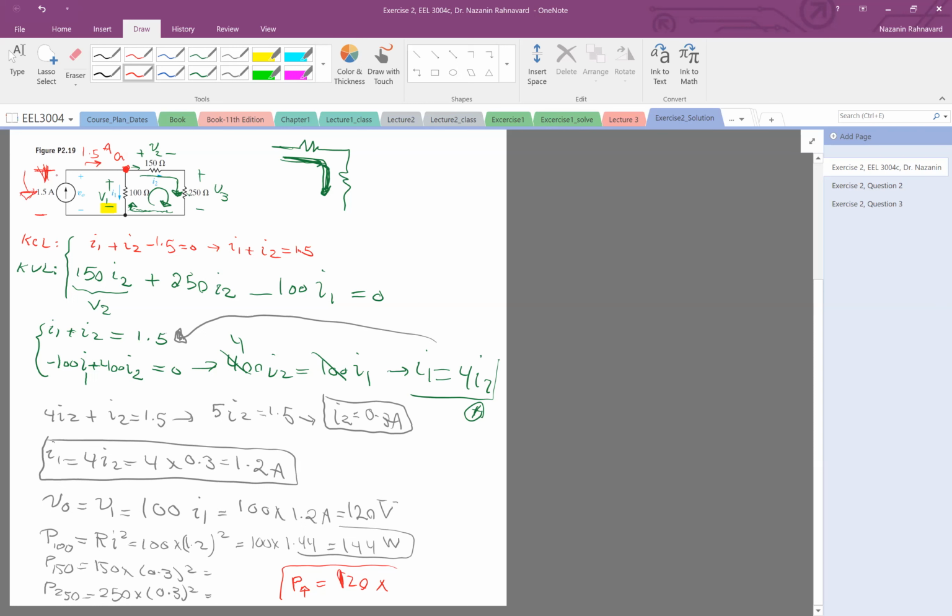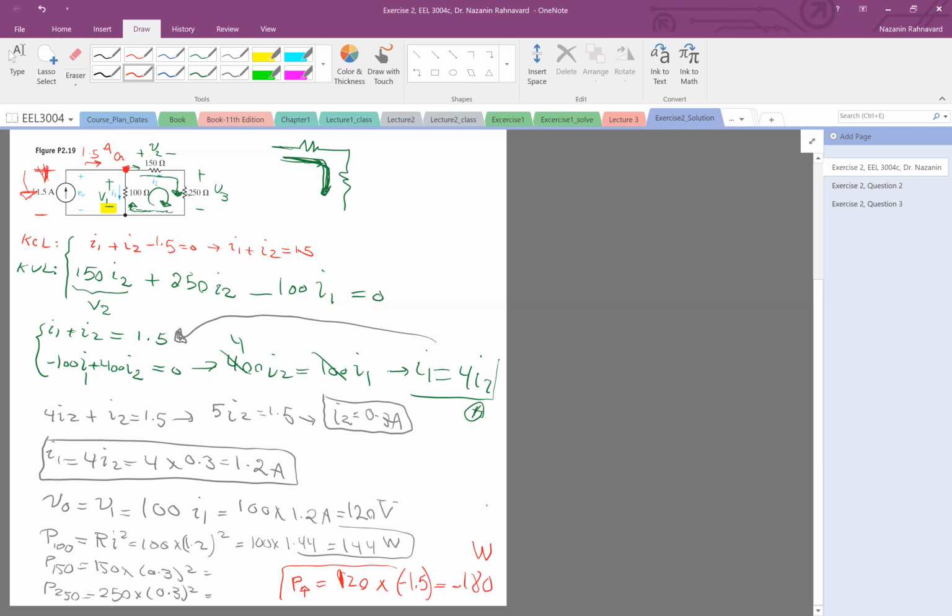Because it's going that way, I have to put negative 1.5. Let me use my calculator to calculate all of this. 120 times negative 1.5 is negative 180. Negative 180 watts.